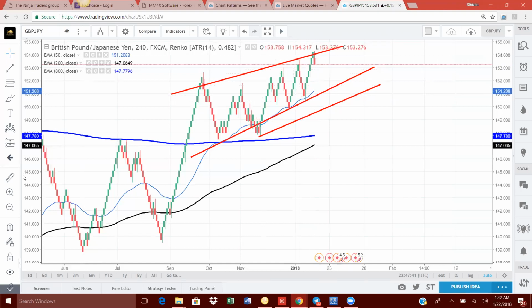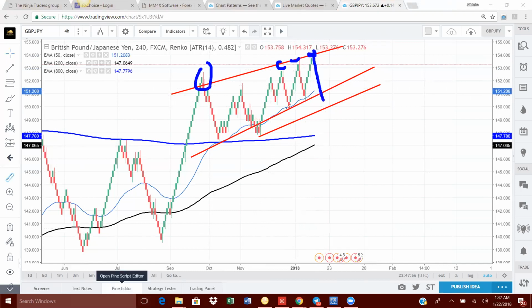So this price here, where is it now? As I told you, this is a resistance, this is a resistance, this is a resistance on the 4 hour, as I see, and the price should come down to the Renko charts as it's an uptrend.